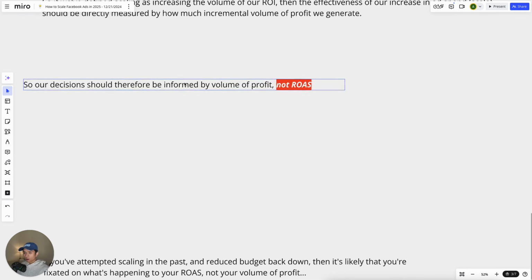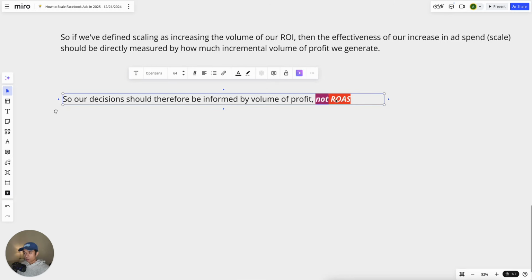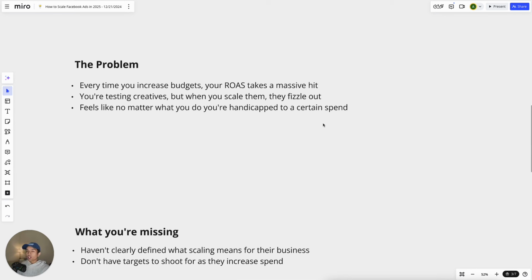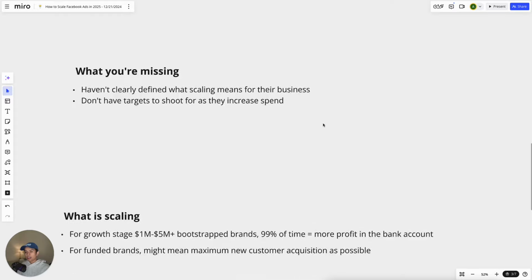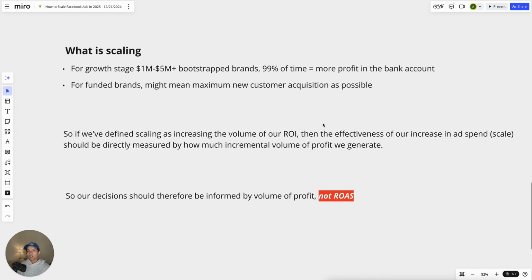And so our decisions should therefore be informed by volume of profit, not ROAS. So going back to up here, again, most brands will say, I increase my budget and my ROAS takes a hit. But whether or not the ROAS takes a hit is completely irrelevant if our goal is scaling, as we just defined, as more profit in the bank account. ROAS is a proxy for profit.